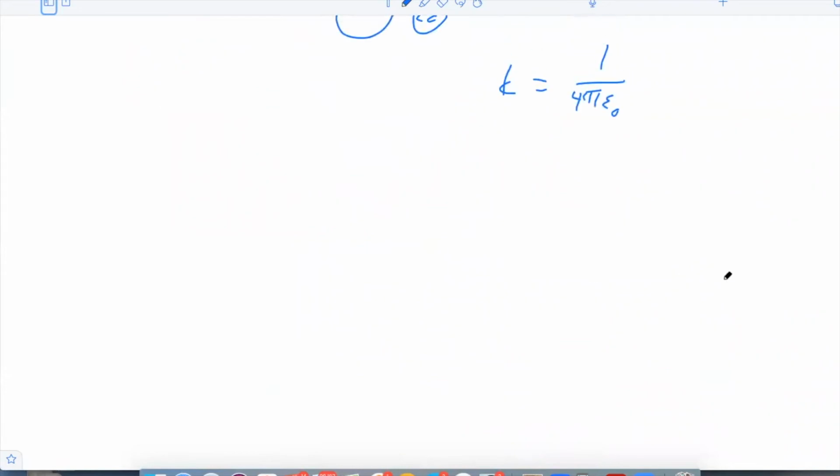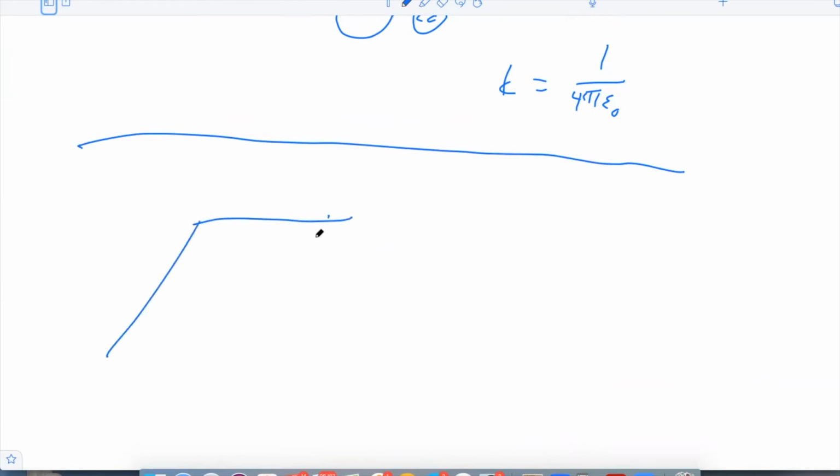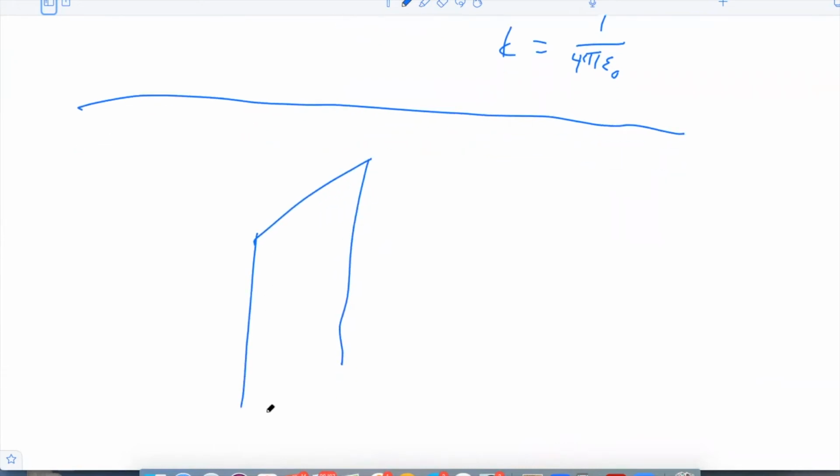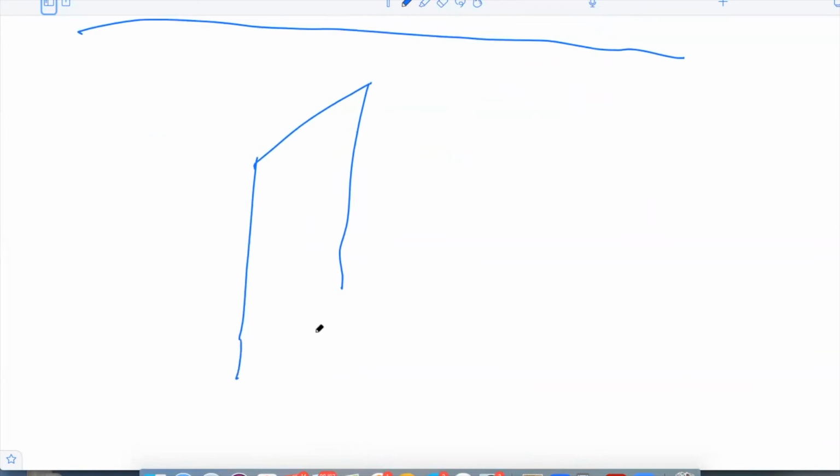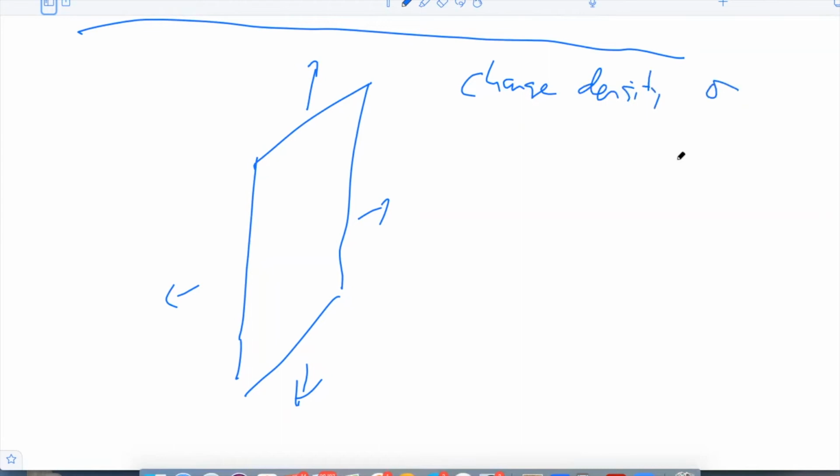Okay, let's do a plane of charge. Let me draw it like this. So this is an entire plane of charge. These sides, these go on forever. I've got some charge density, sigma.